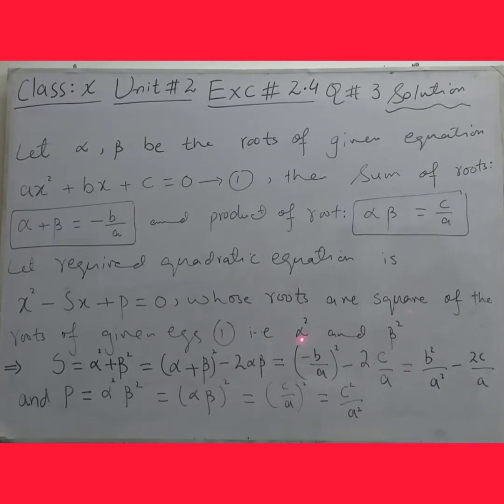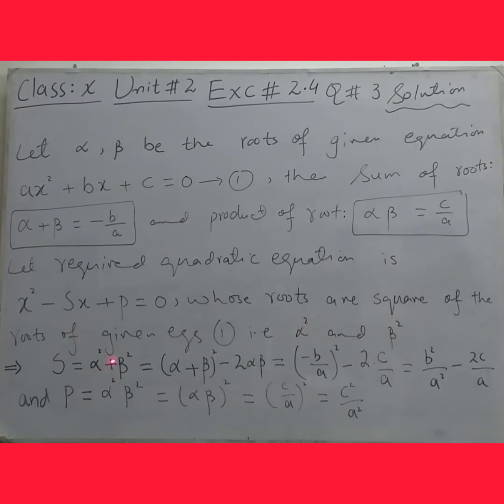Now by using these roots we have to find the values of s and p. So s stands for the sum of roots and p stands for the product of roots. So the sum of roots, s, is equal to the sum of these two roots, alpha square plus beta square.